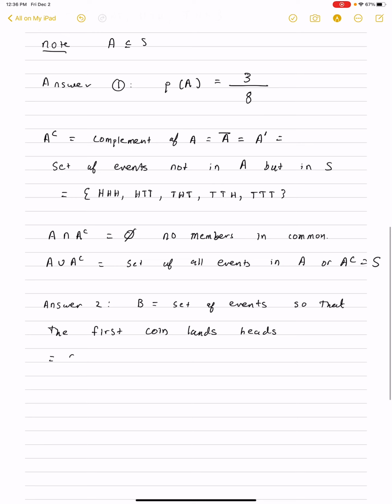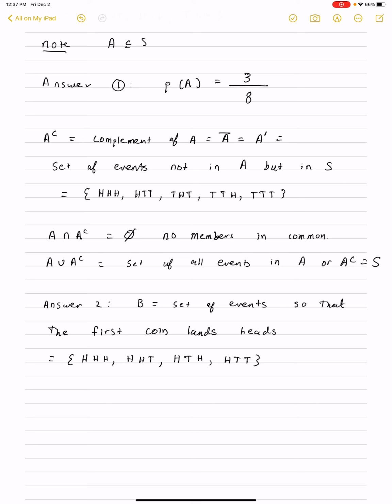If we start writing this out, the first coin is heads, so heads, heads, heads is one of them. That's the criteria, right? The first coin is heads. So we're just going to insist that the first toss be heads. And that's all possible outcomes where the first coin is heads.